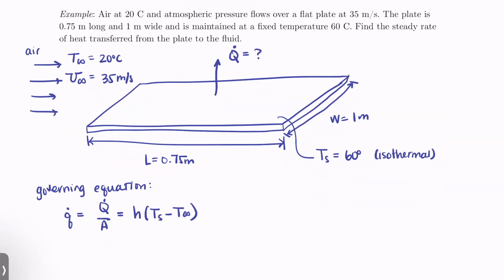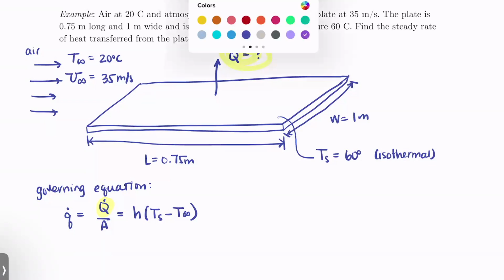We are looking for Q dot. All right, so we want to find this, but we already know a whole bunch of stuff about this problem. So we know the plate area, the surface temperature, right? So the name of the game is h. Right? And all these problems will boil down to this.